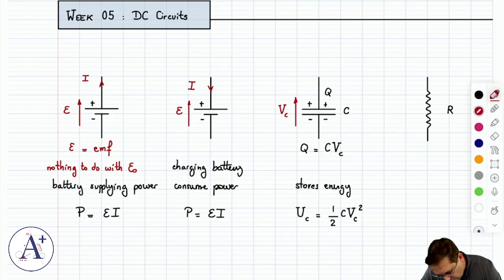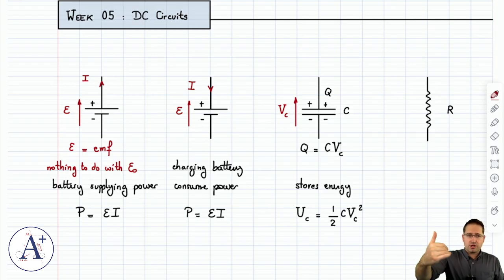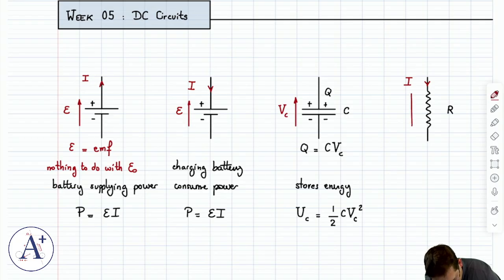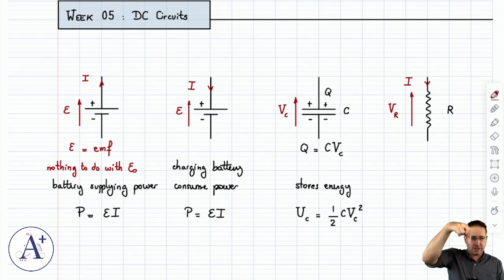It doesn't matter for a resistor if the current comes from above or from below, as long as it goes through it. The only thing you have to be careful about is that to properly draw your voltage arrow, you have to draw it opposing the incoming current. Okay, so if the current comes down from the top like that, VR has to point up.